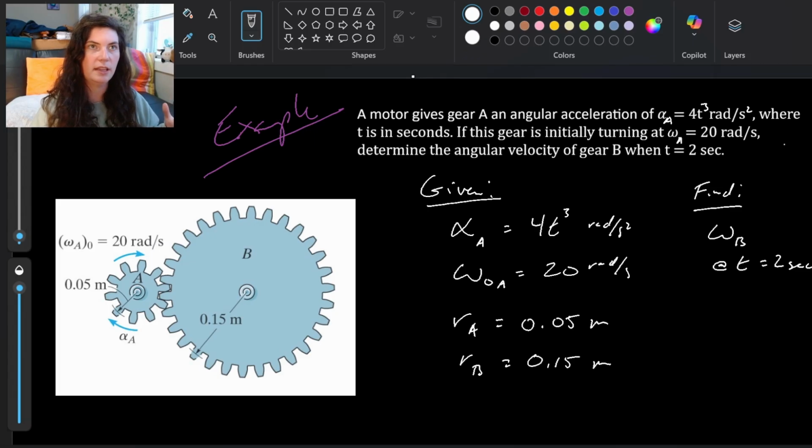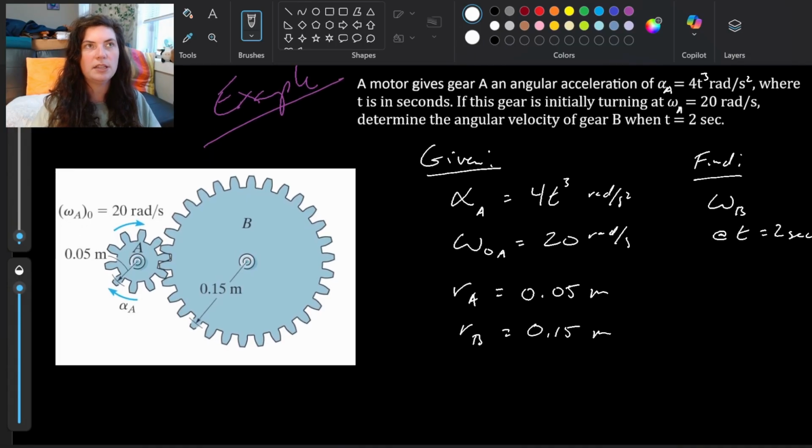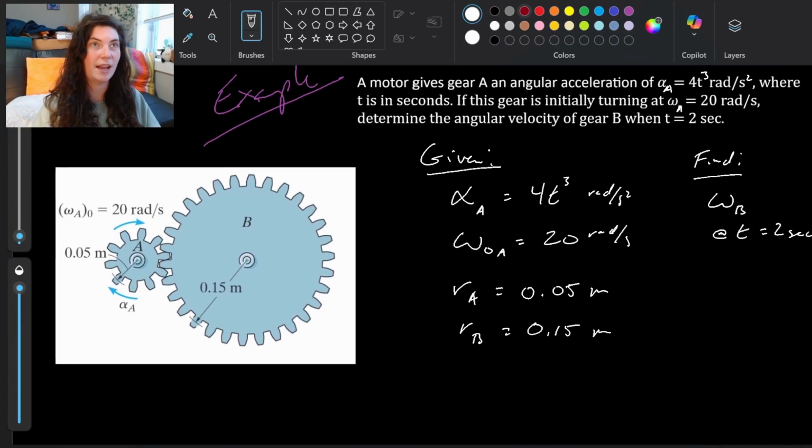So, bearing in mind that we know we're going to have a gear problem, we have some of these relationships that we can work with, and we know we're going to be finding that angular velocity of B. So I think a good place to start would be just writing down some of those relationships that we might be able to use.